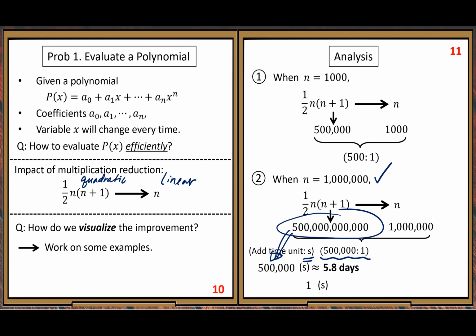So later, after this class, we try to find the best algorithms for a given computing problem, because we know the difference is huge.